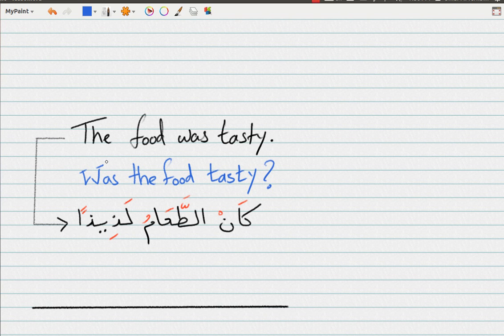The last sentence for this lesson is the following. We want to ask, was the food tasty? Okay, so first we have to translate the sentence, the food was tasty. Food in Arabic is طعام.